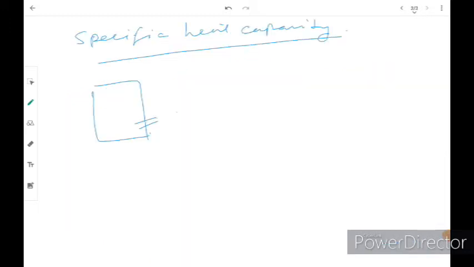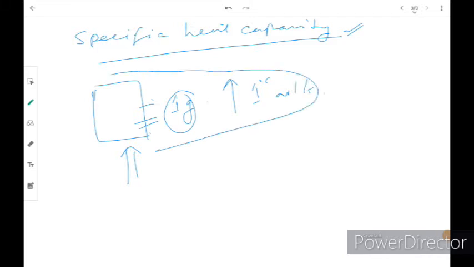Now second, we'll be talking about specific heat capacity. In specific heat capacity we are taking a body whose mass is 1 gram, and whatever heat energy is required to raise the temperature by 1 degree C or 1 Kelvin is called the specific heat capacity.